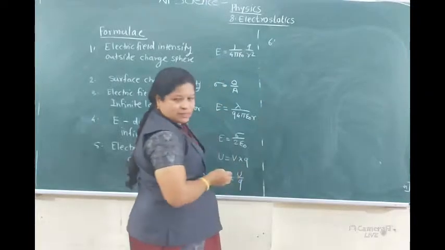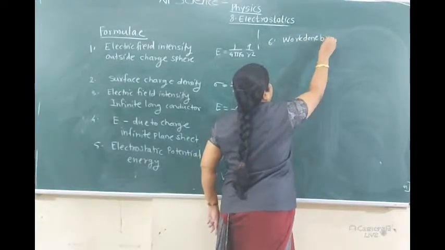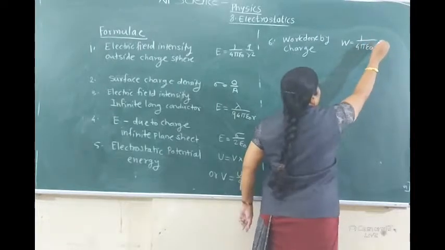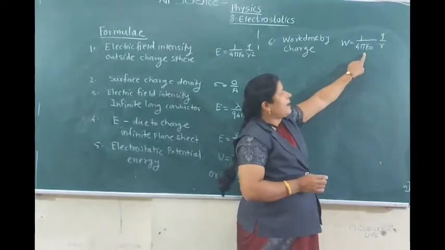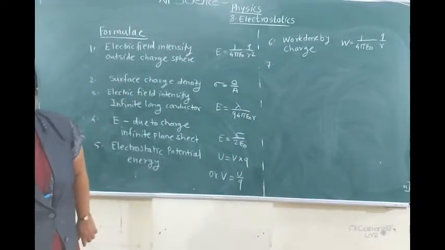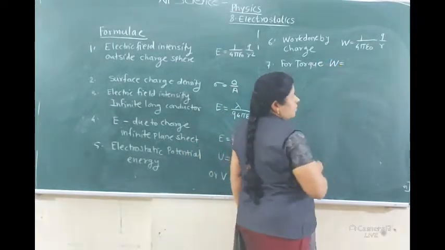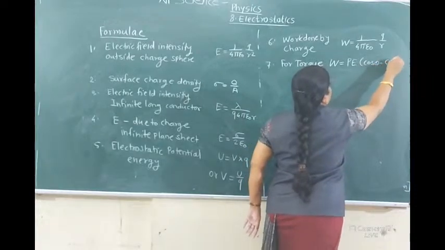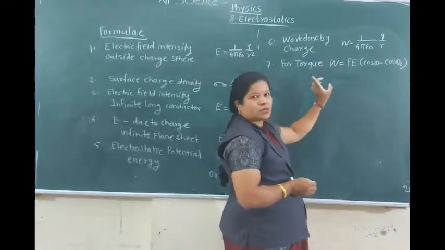Next, formula number 6, work done by the charge: W is equal to 1 upon 4 pi epsilon 0 into Q divided by R. Next, formula number 7, for torque, W is equal to P into E into cos theta minus cos theta 0.